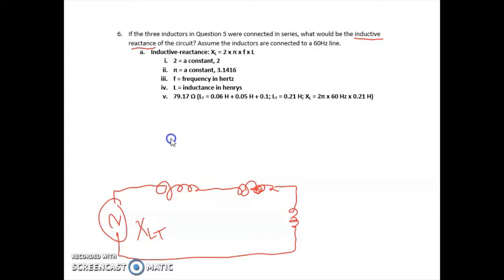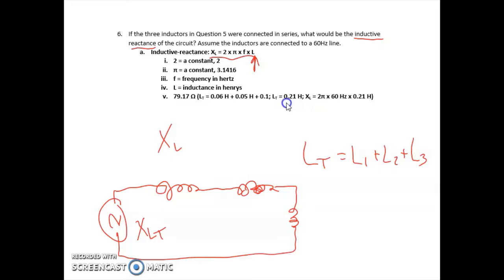We know that inductive reactance equals this formula right here. So we need to find total inductance to plug into that value right there. In series, total inductance equals L1 plus L2 plus L3.